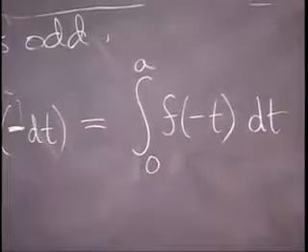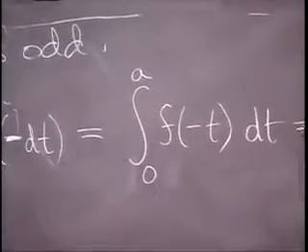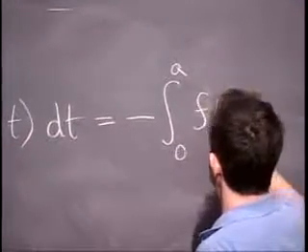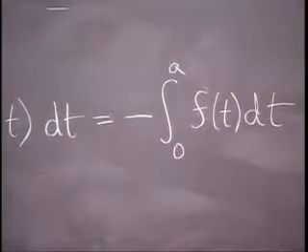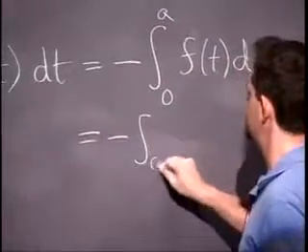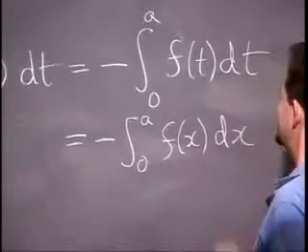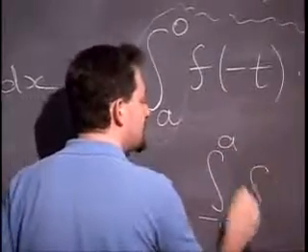A to 0, 0 to a. f is an odd function, so f of minus t is the same as minus f of t. And I bring the minus outside the integral. And finally, t is just a dummy variable, so after all this magic, I change it back to f of x dx.